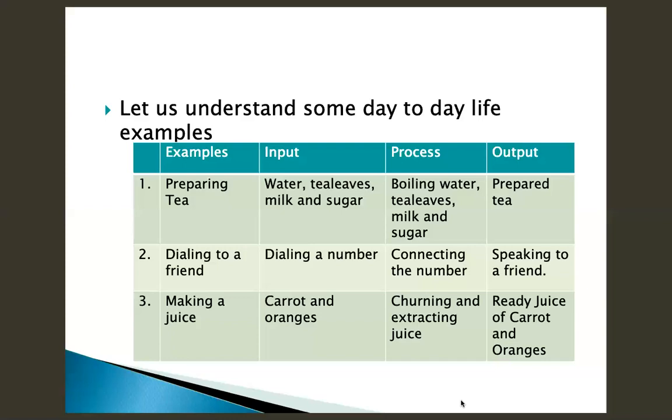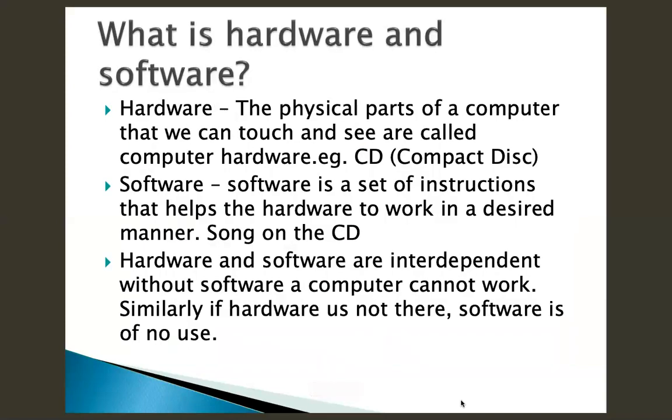Now we have also seen some day-to-day life examples of input, process, and output. Now, a computer system works with the help of hardware and software. Now, let us see what is the hardware and what is the software.